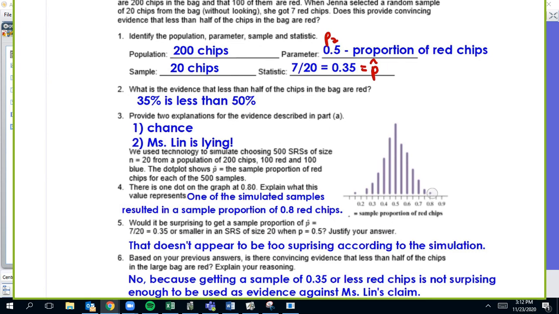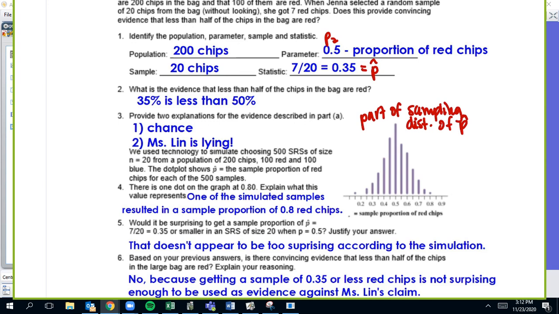Like before, I wrote X bars. These could be P hats. Each of these could be a P hat. And so I'm just going to write part of sampling distribution of P hat. So you guys can see that what that would be labeled as.